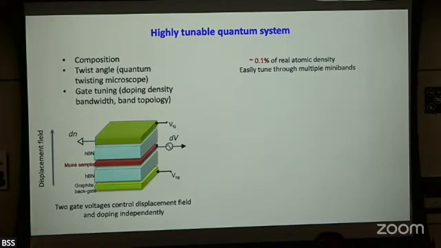So I mentioned that there's an optically detected technique to measure local electron compressibility. And there's another way to do this, which is just doing the capacitor measurement. So in the scheme, for example, I have my sample here. I have my top gate. I can apply some DC voltage on my top gate.